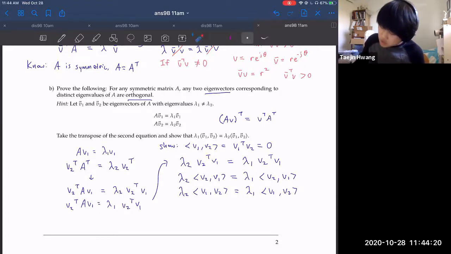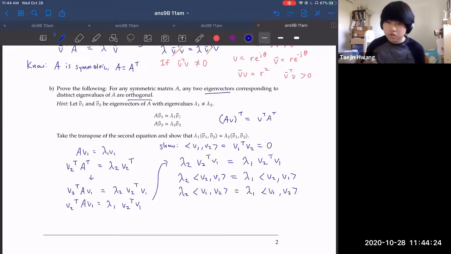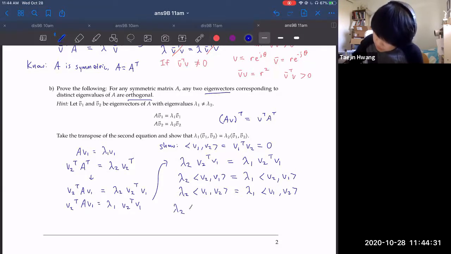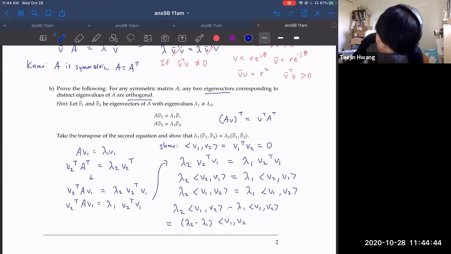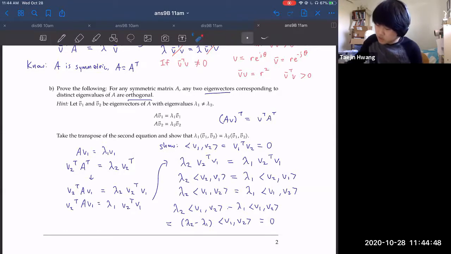Now we have to show that this quantity is equal to 0. To do that, you can always just subtract this over. So lambda 2 times the inner product is equal to lambda 1 times the inner product. You can distribute that out, and it has to be equal to 0, because I've subtracted this term over to the left.